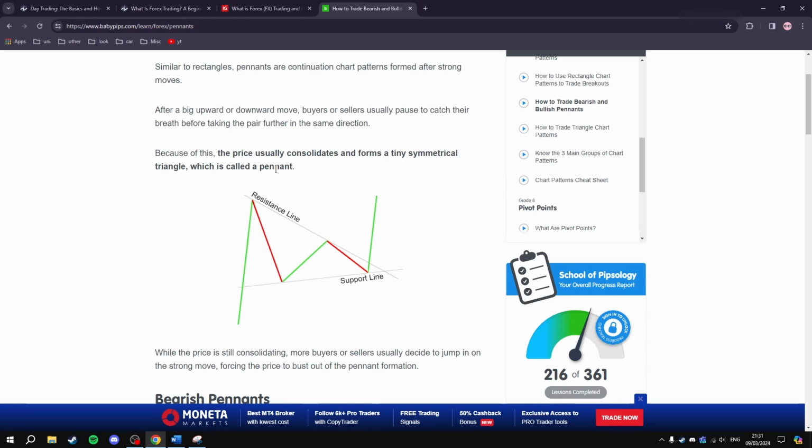Symmetrical triangle. What is symmetrical about this triangle? Is it that?